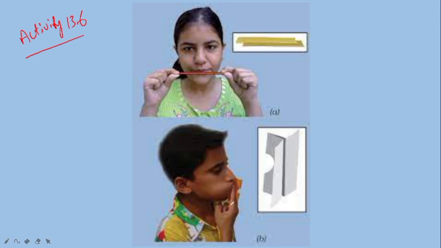We can say that our vocal cords produce sound in a similar manner, because our vocal cord structure is similar to this paper strip. So by the vibration of the vocal cords, our larynx or voice box produces sound. Clear? This is about how sound is produced by humans. Okay, now we have a question.